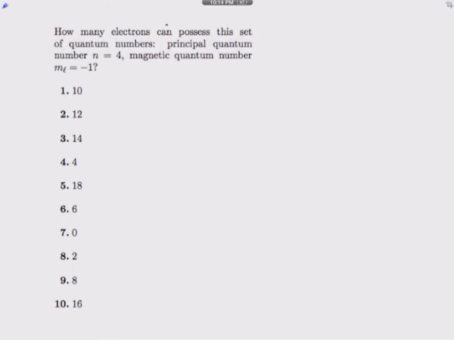How many electrons can possess quantum numbers with a principal quantum number of 4 and a magnetic quantum number of -1? Well, on the fourth energy level, so N4 has all 4 of the sublevels that we talk about, S, P, D, and F. So how many of those sublevels possess a -1 orbital?